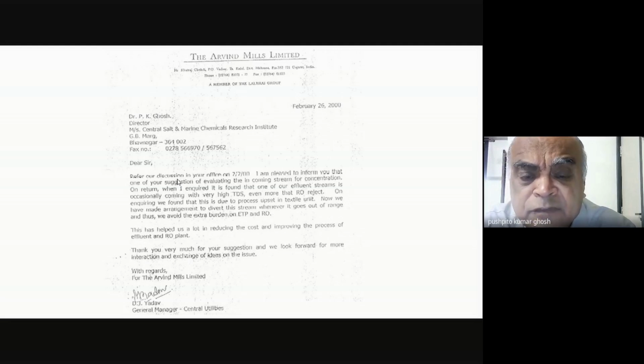And then I said, see, in any case, if you're doing RO and you're trying to get rid of salinity, then one is you are getting a permeate stream which you are reusing, and the other is your reject stream. Now, if you have a concentrated stream and you can just segregate it, then I will reduce my overall TDS of the effluent, and there's no need to do RO of that saline stream.